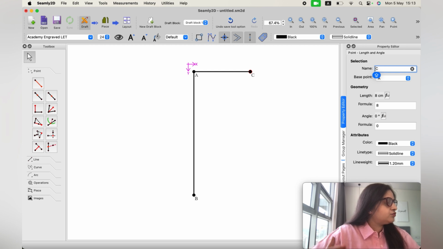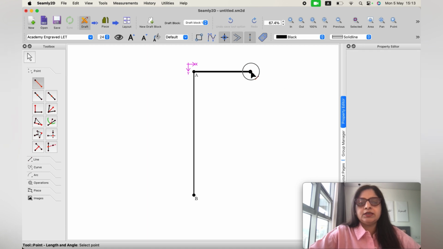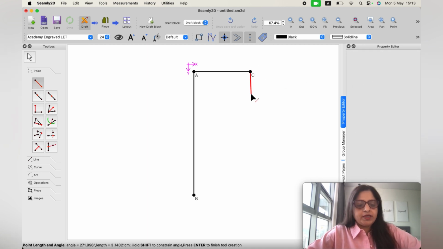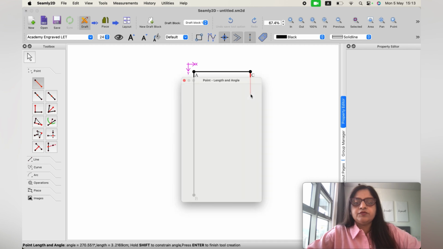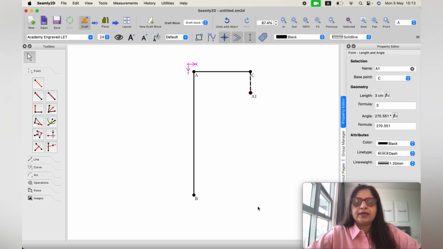Now we have to square down 3 inches from C. So I'll just come down 3 inches from here. I'll hold down the shift key and come down 3 inches, and I'll change the line type so it will be easier to follow that this is not the actual pattern line.